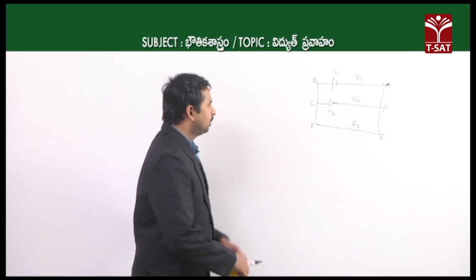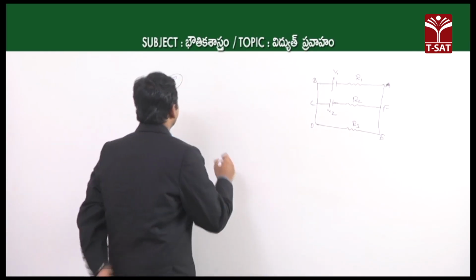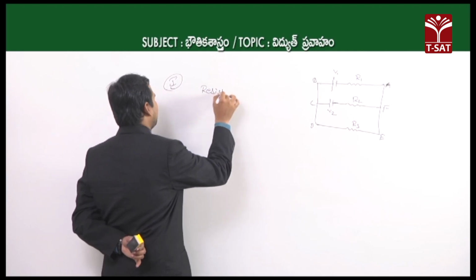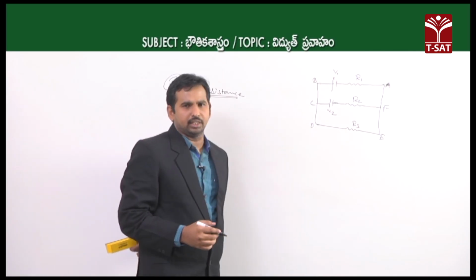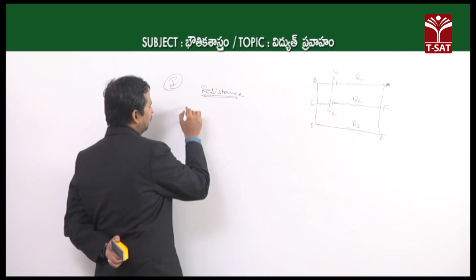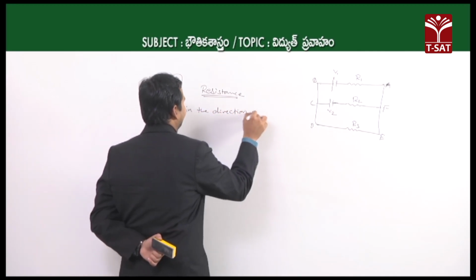The first sign convention is for the case of resistance. The resistance opposes the current, if you are going in the direction of current.